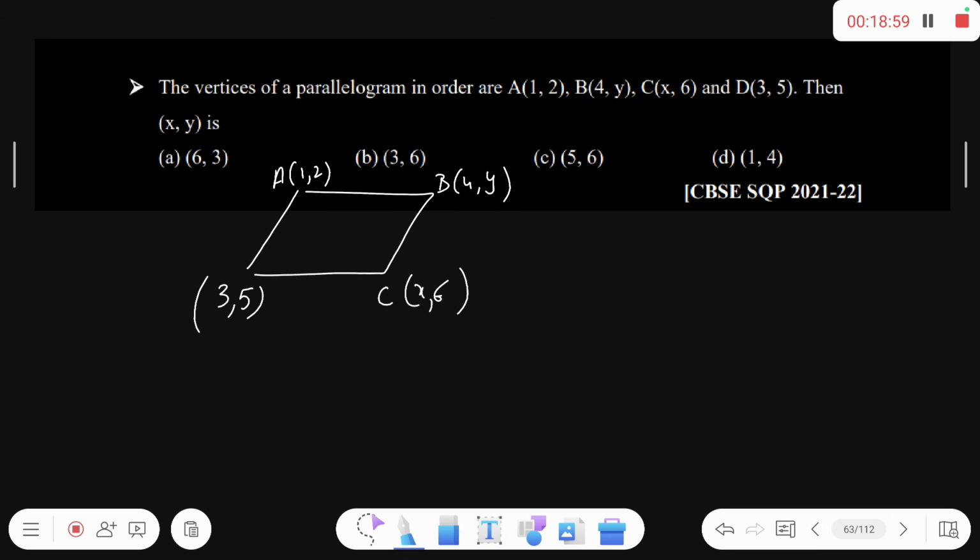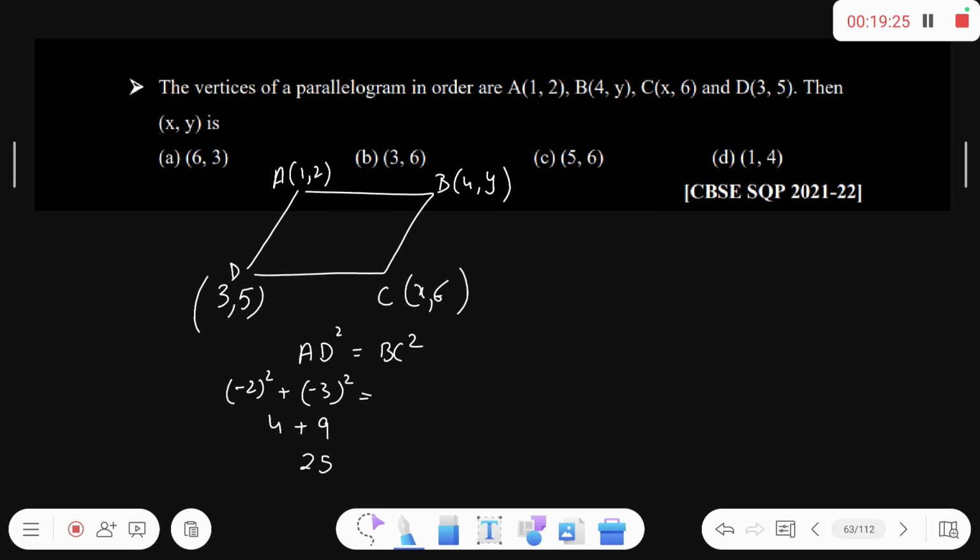So first you can find using AD whole square is equal to BC whole square. So you can say 1 minus 3 is minus 2, minus 2 whole square plus 2 minus 5 is minus 3 whole square. That is 4 plus 9, that comes out to be 13.